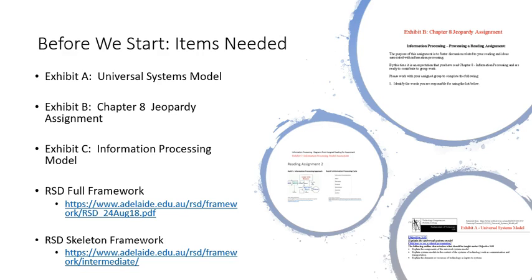Exhibit C, the Information Processing Model handout, represents two readings I gave to the students. One of them discussed information processing from the human perspective. The other article discussed information processing from a machine and computer perspective. These documents are readings assigned to a class that was looking at the intersection of technology and learning.